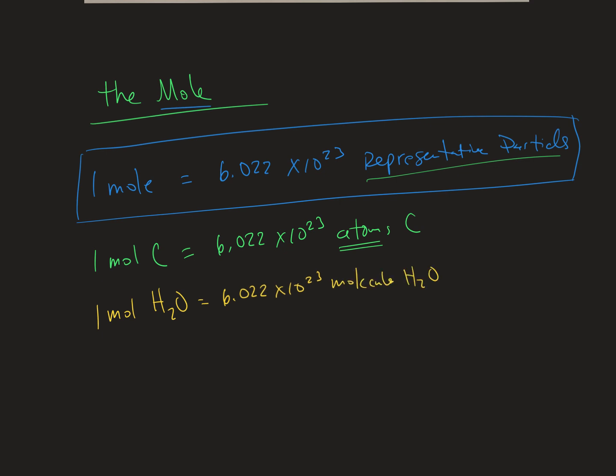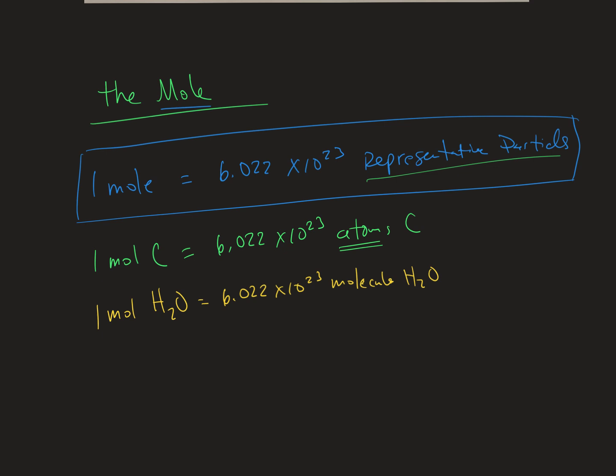Don't abbreviate the word molecule to MOL. Do you understand why? It'll confuse the heck out of you. Don't do it. I know molecule seems like a long word, but don't abbreviate it.